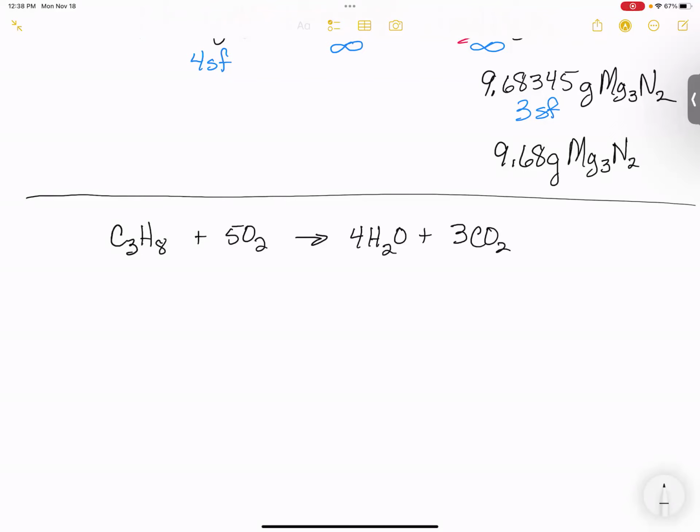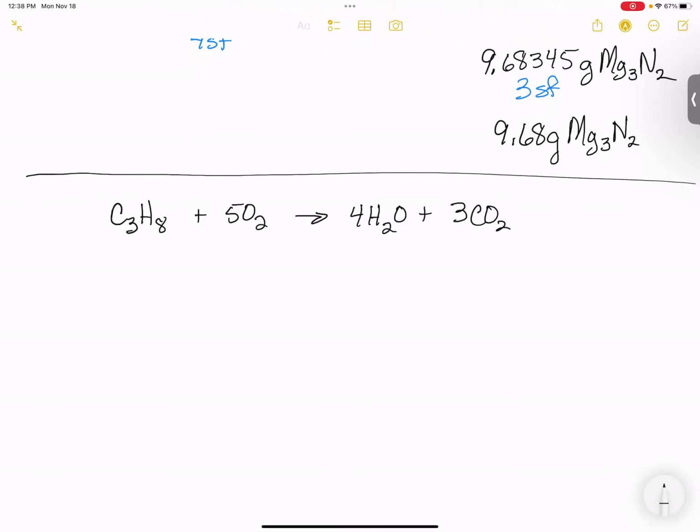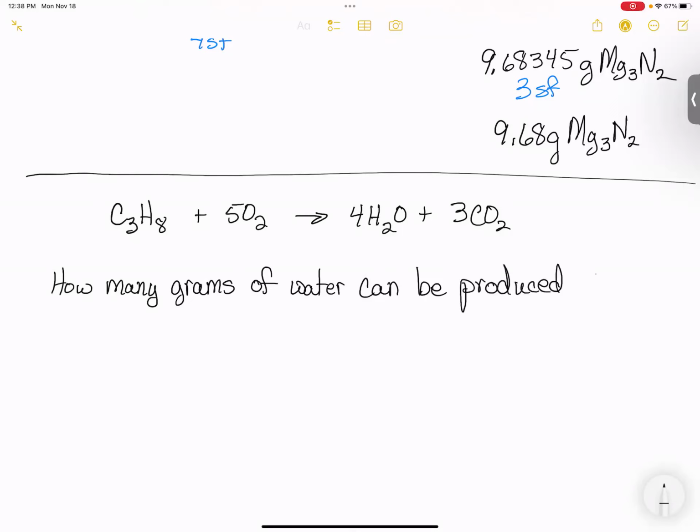Combustion. How many grams of water can be produced from 32 grams of propane?